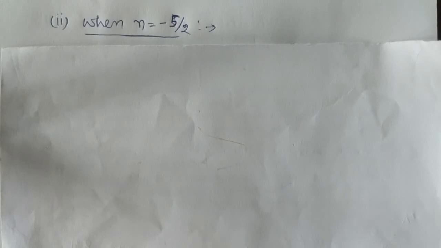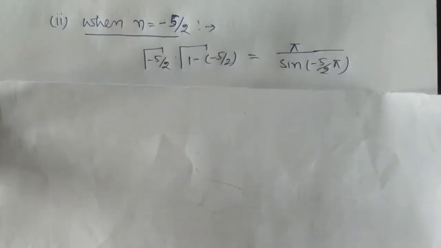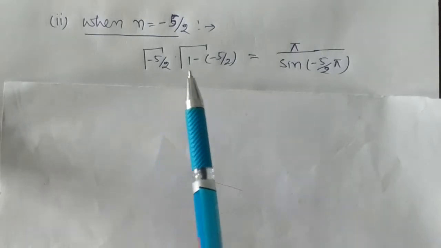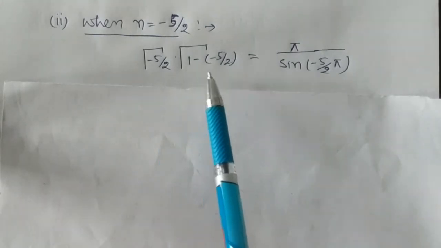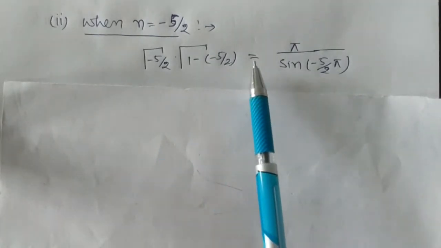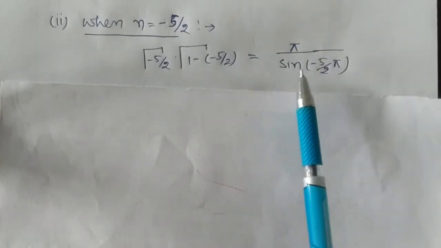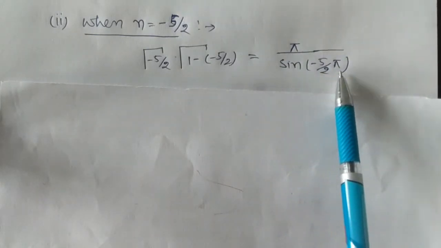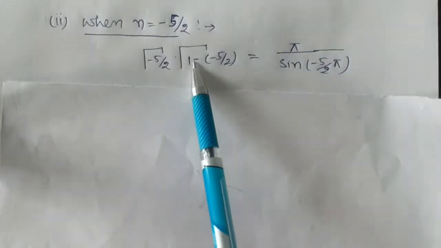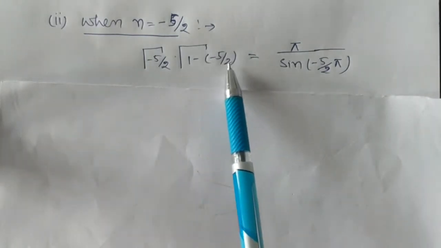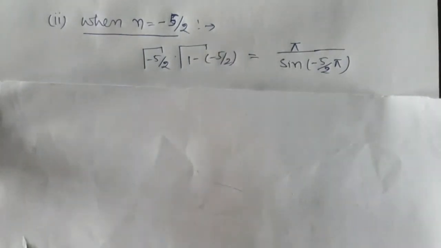Next we find gamma minus 5 by 2. So put n equal to minus 5 by 2 in the relation, we get gamma minus 5 by 2 into gamma 1 minus 5 by 2 equal to pi upon sine minus 5 by 2 pi. Now here negative positive, so 1 plus 5 by 2 becomes 7 by 2.